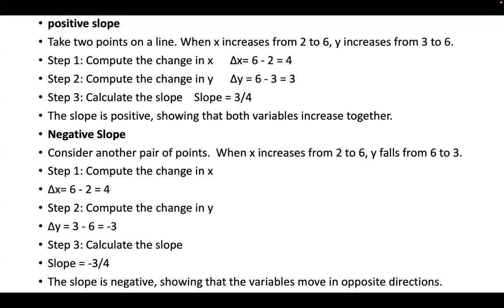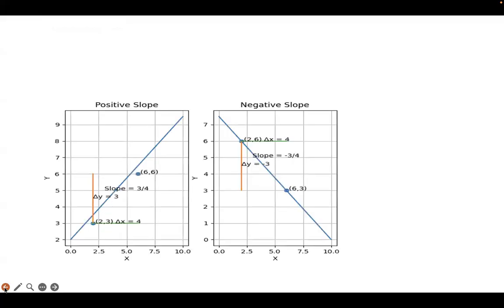Then I mark. So if I want to calculate the change between the x and the y, I pick the points 2 and 6, meaning I have to subtract the 2 from the 6 for the x. It will give me a figure which is 4. And then I come to the y-axis and also pick 6 and then 3, and I get an answer.